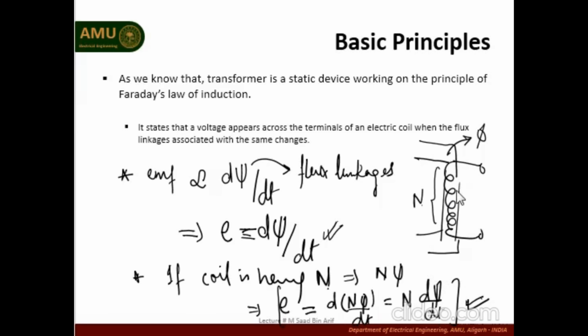One of the ways: we have a stationary coil, but the flux flowing in the core is varying with time. If the flux is varying with time, then the flux linkage with the coil changes, that is, we can easily get the rate of change of flux linkage, and due to this we can have an induced EMF at the terminal.